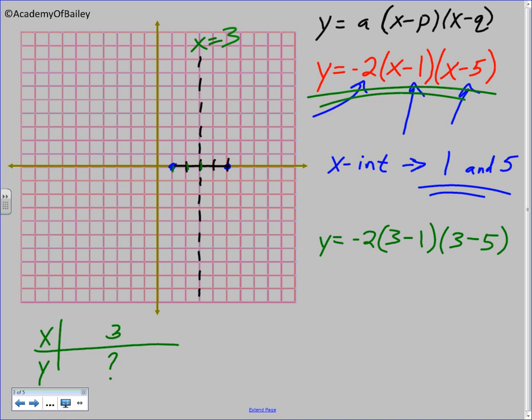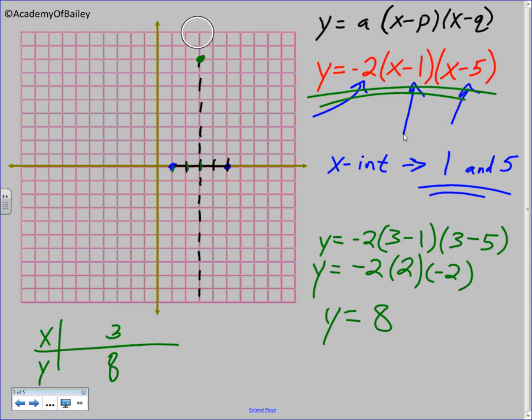And then let's work this out. 3 minus 1 is 2. 3 minus 5 is -2. And I believe y is equal to 8. And I believe right there will be the vertex. (3, 8).